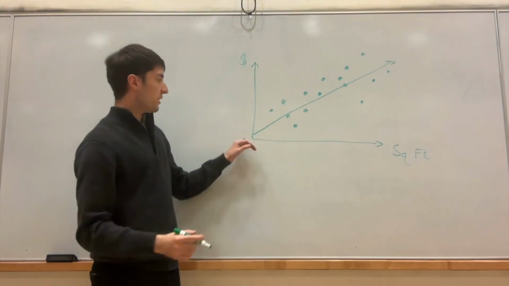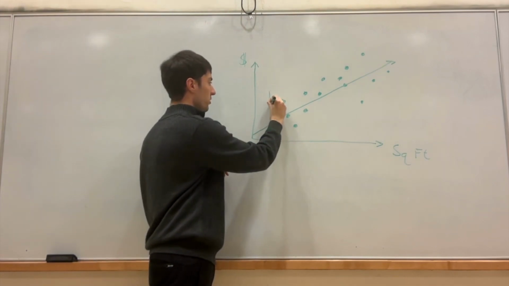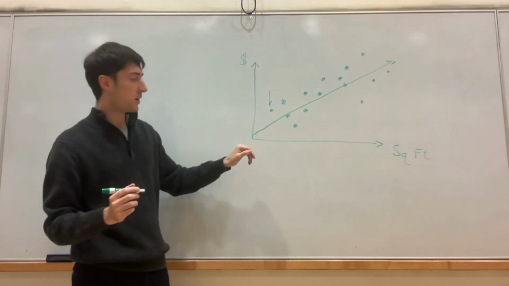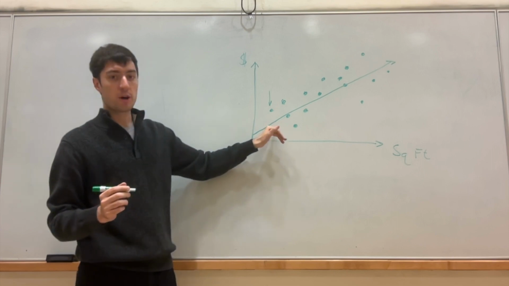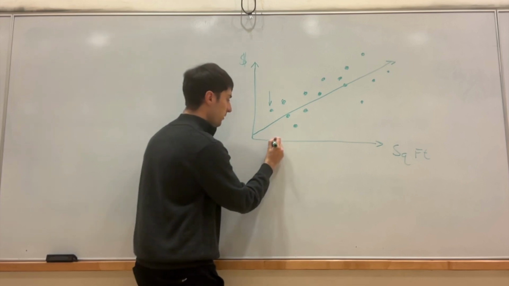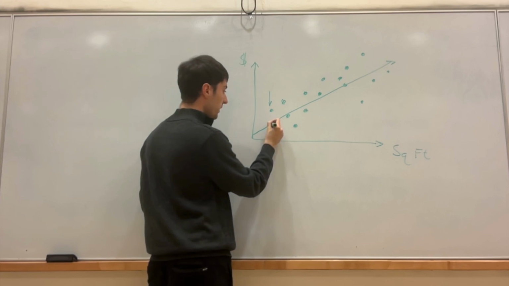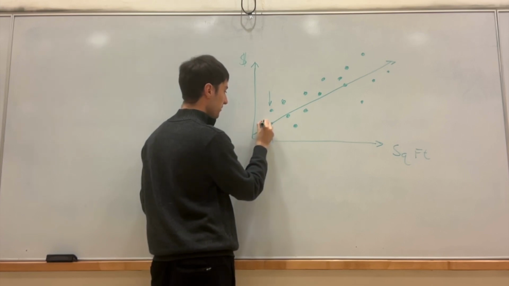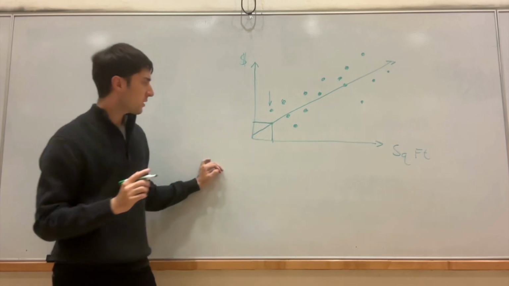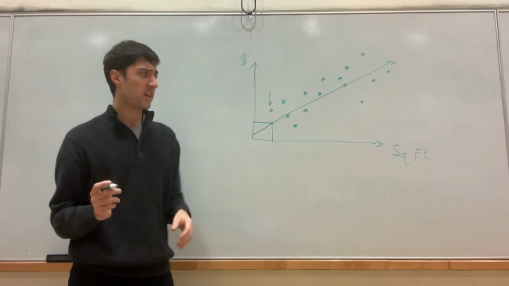So what is the error for this particular point right here? Given our model, for this input, we are going to predict this value, but that's off from the actual data set that we were given, our training data.